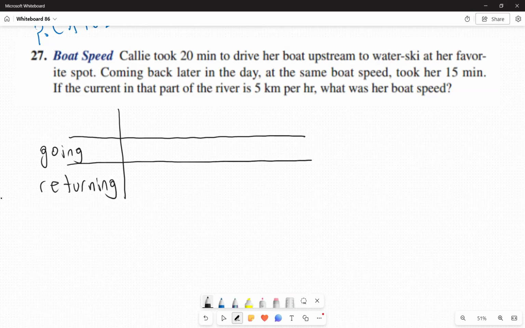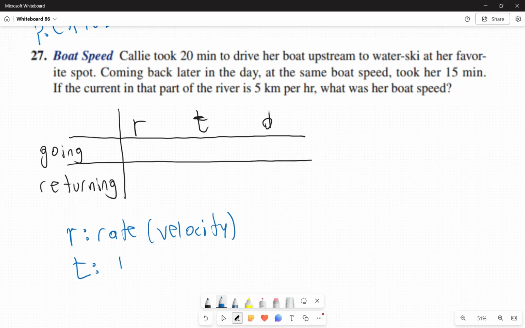The variables are rate, that is, velocity, T, and D. So this is rate or velocity, T stands for time elapsed, and D stands for distance.